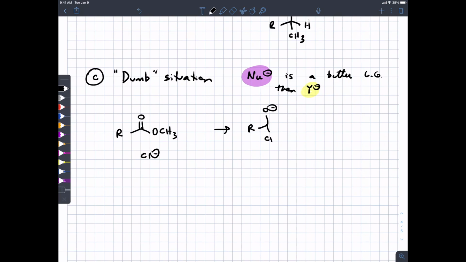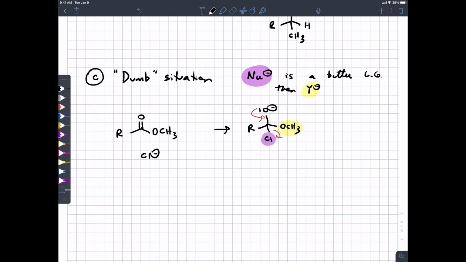And I'm not even saying that this could happen because we've already talked about this probably being a weak enough nucleophile that it couldn't attack directly. But even if you could get here, your nucleophile attacks, you get to that tetrahedral intermediate. Who's the best leaving group? Cl minus, and so it just gets kicked off and nothing happens.